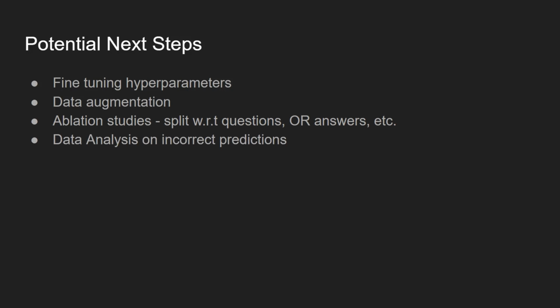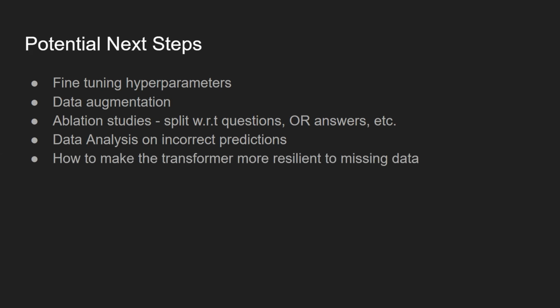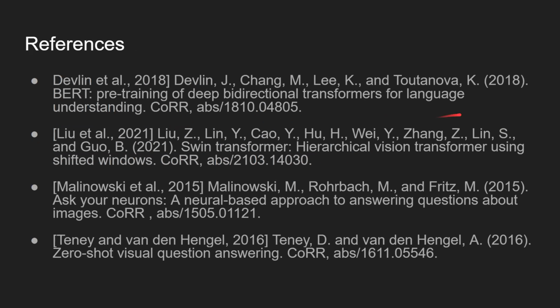We still need to do a little bit more data analysis on incorrect predictions in case there's some underrepresented data. Obviously, we want to explore further into making our model more resilient to missing data. And here are our references for Swin and BERT and the previous papers I mentioned before.